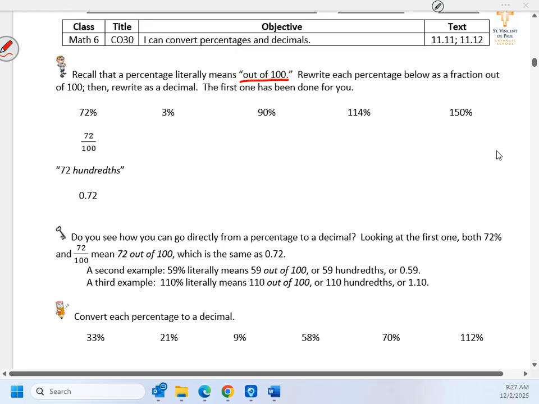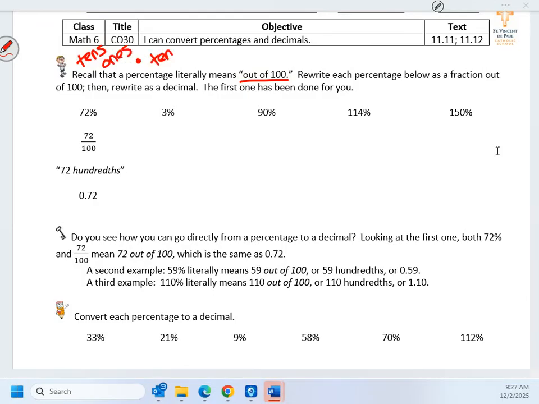Ooh, hundredths is a place value, right? So think about those place values. We have tens, ones, our decimal, then we have tenths and hundredths. Oh, there's our magic number, hundredths.